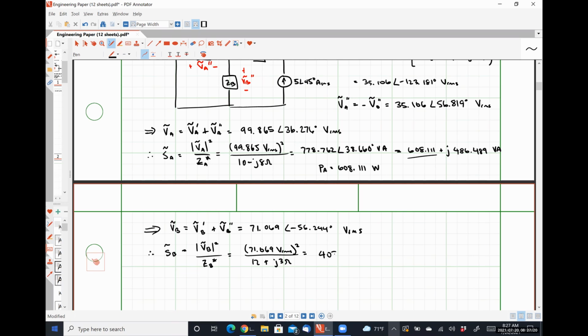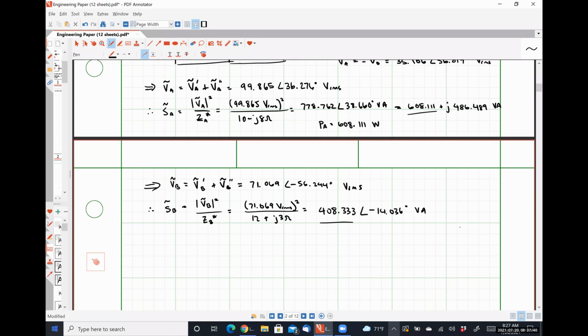That gives me 408.333 with an angle of negative 14.036 degrees volt-amperes. Since we're looking for apparent power, we just take the magnitude of the polar form. And so SB is 408.333 volt-amperes.